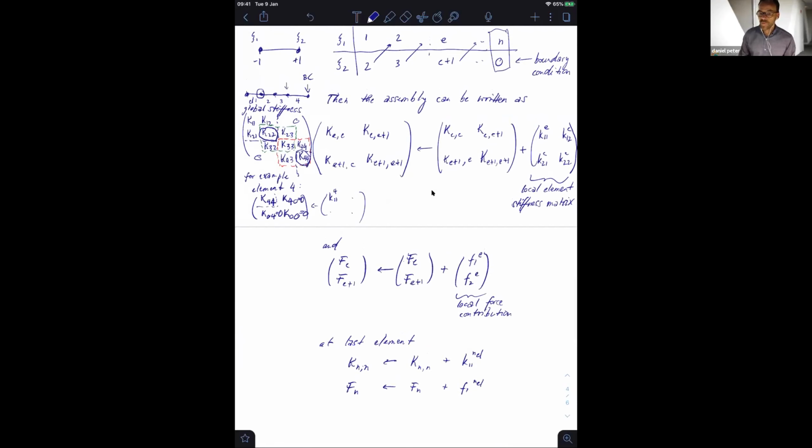So we'd have two force contributions in principle on both nodal points from the reference element, F1 and F2. So we can basically compute these and assemble as well.